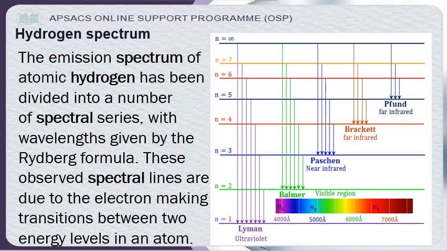Here we have the first one. Now what is the difference? As I told you earlier, we are considering that this is the emission spectra observed by the different scientists. So in the Lyman series, the electron has to come back to level 1, that is n=1.